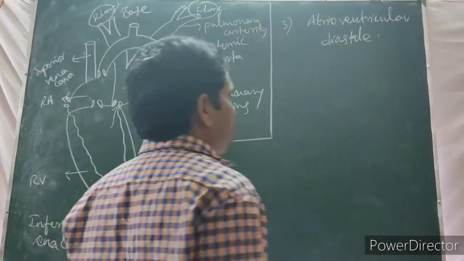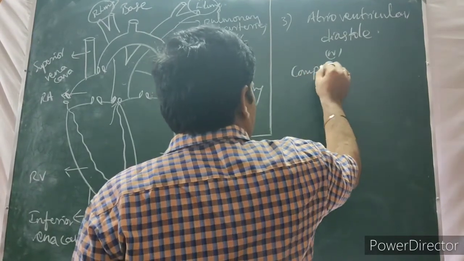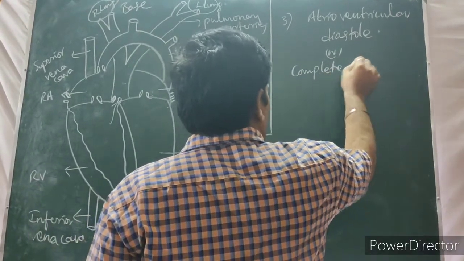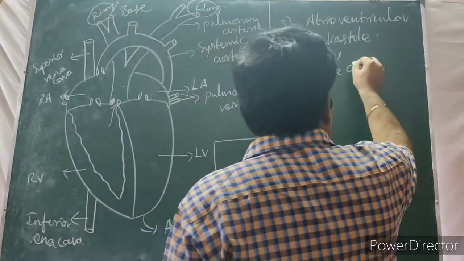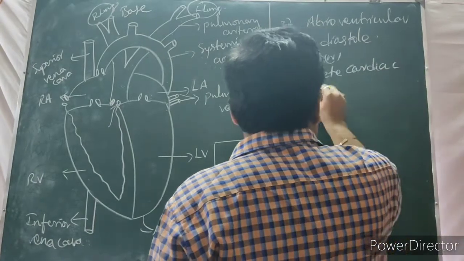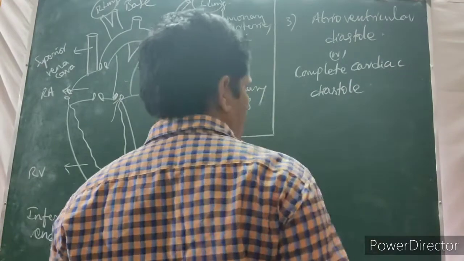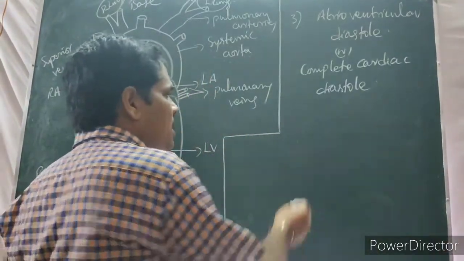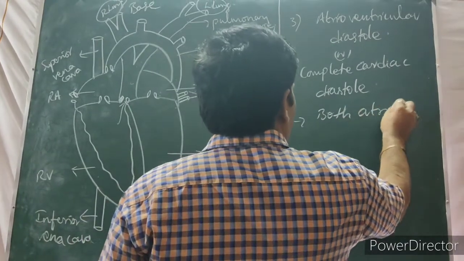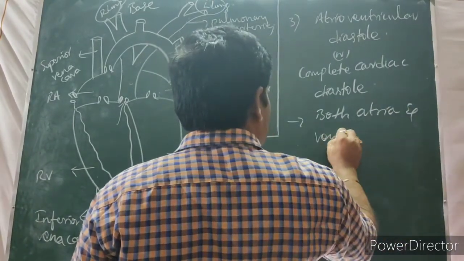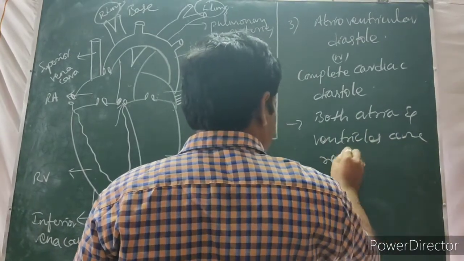Atrioventricular diastole is also called complete cardiac diastole. Complete cardiac diastole means both the atria and ventricles are relaxed.